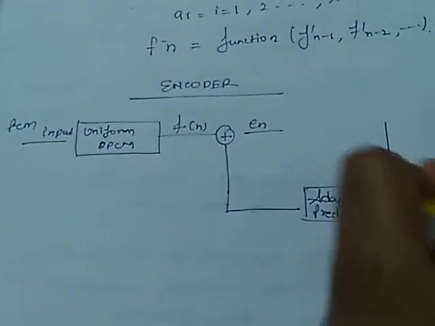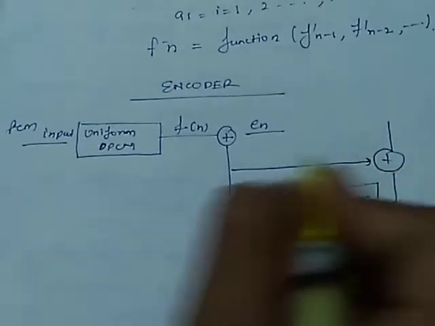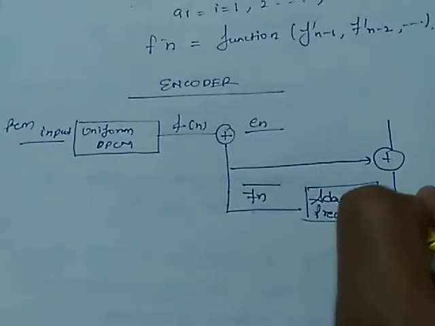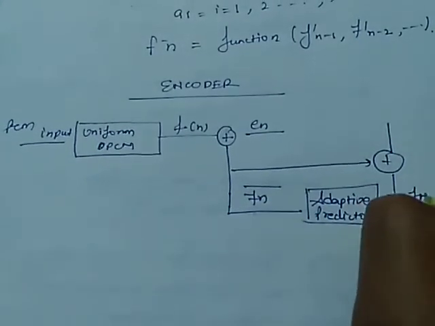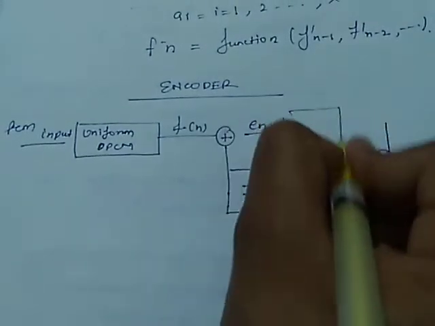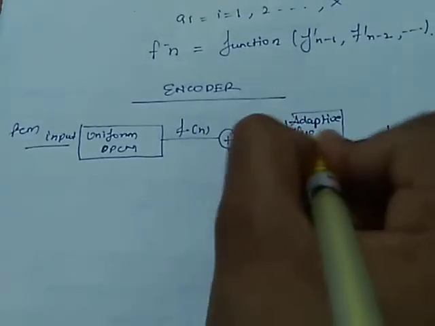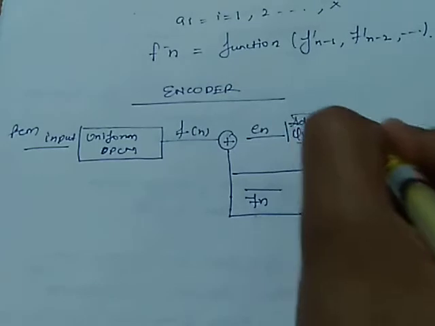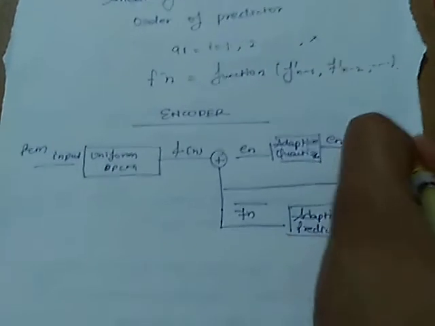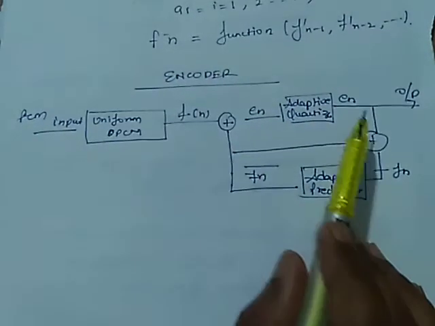Here we can calculate the previous reconstructed values. Now we have the adaptive quantizer, so we have calculated this one. So this is the diagram for the encoder.